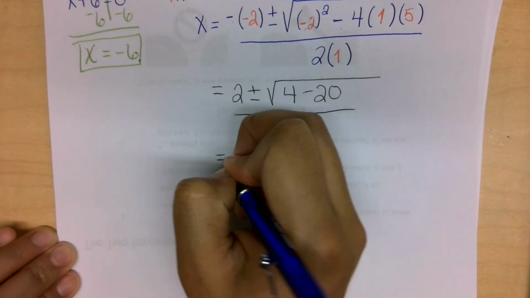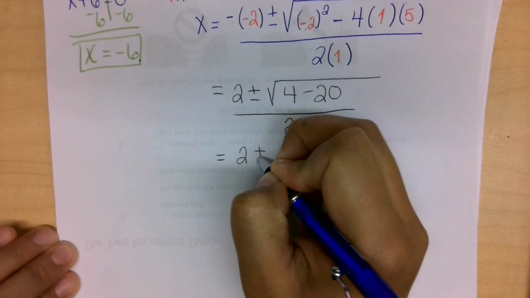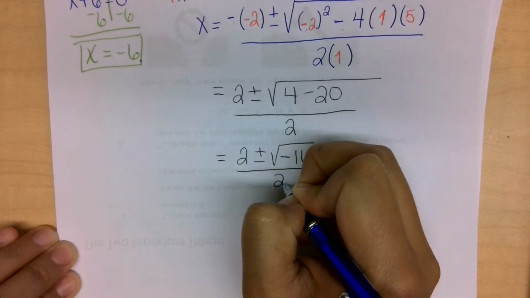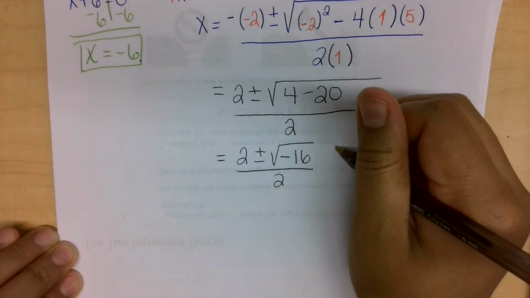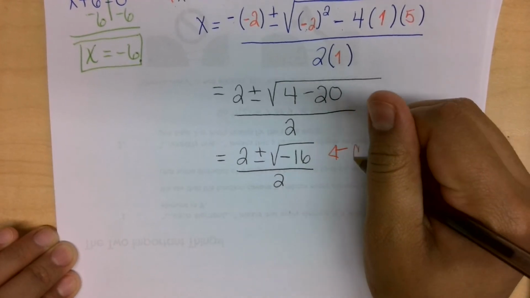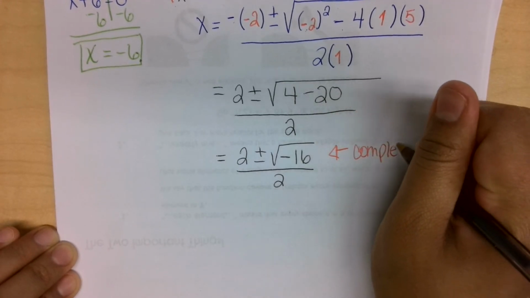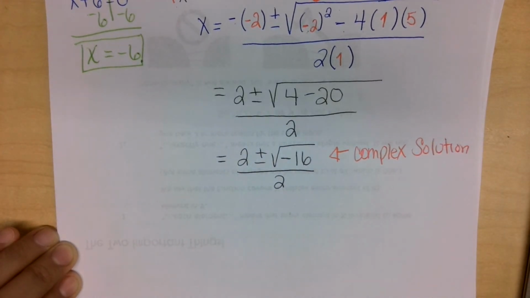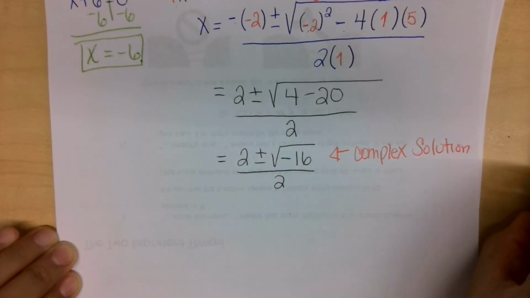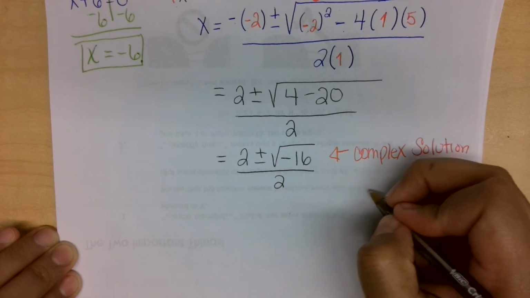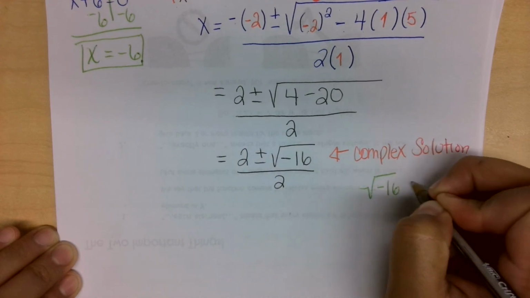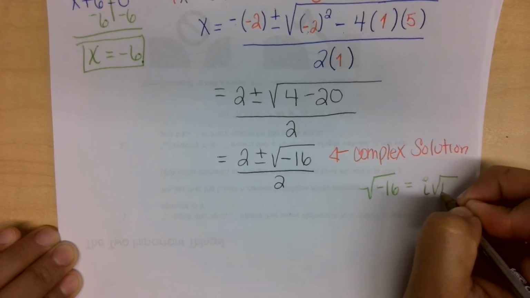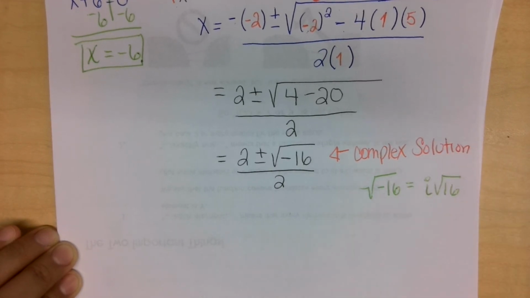And so we're going to continue simplifying it. We're going to have 2 plus or minus the square root of -16 over 2. Notice the negative under the square root gives me my complex solution, or my complex 0. So if I have the square root of a negative 16, to get rid of that negative under there, I bring it out as an i, and I'm left with the square root of 16.